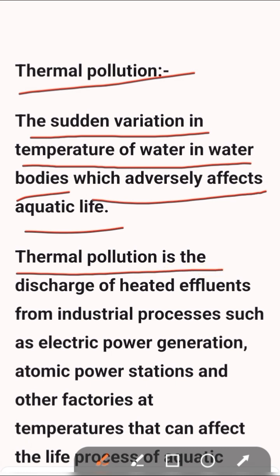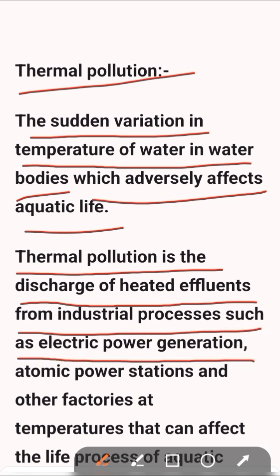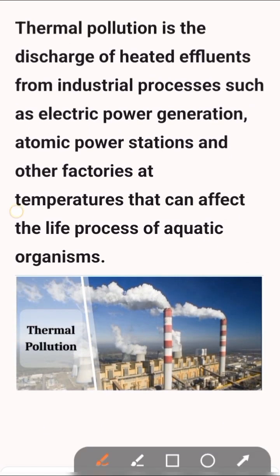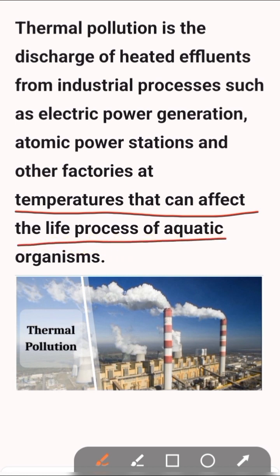Thermal pollution is the discharge of effluents from industrial processes such as electric power generation, atomic power station, and other factories at temperature that can affect the life process of aquatic organisms. So the picture explain thermal pollution.